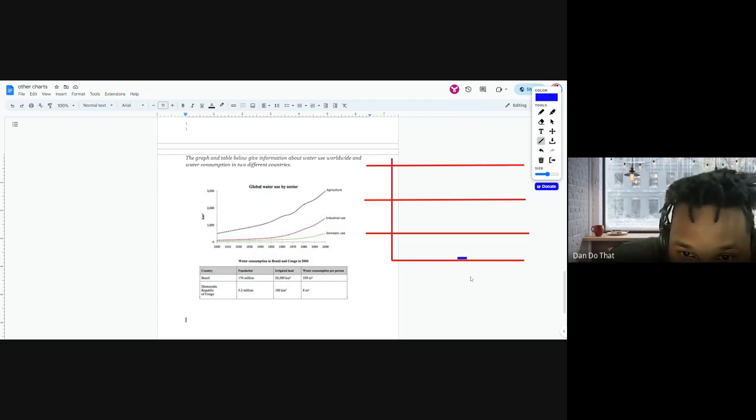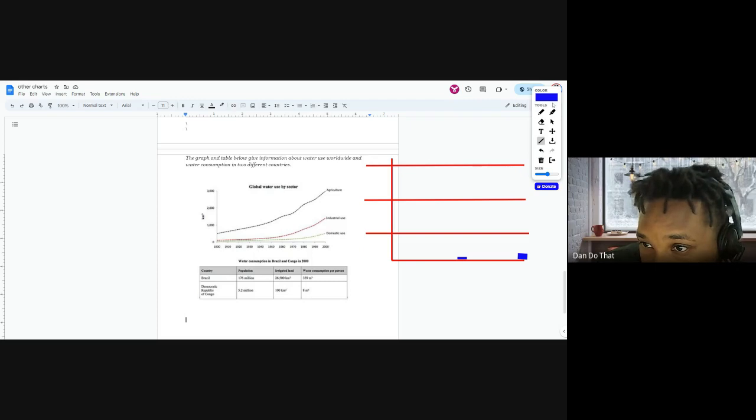Then 1980, it goes up. I mean, it's never much. Like 300. So that's domestic.